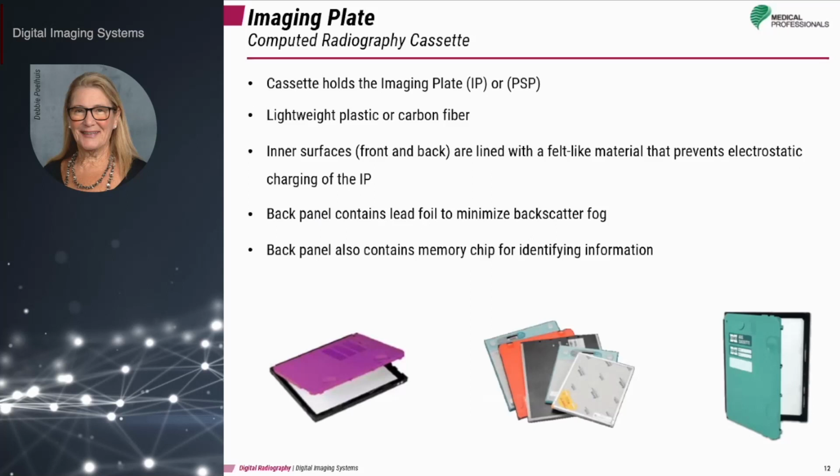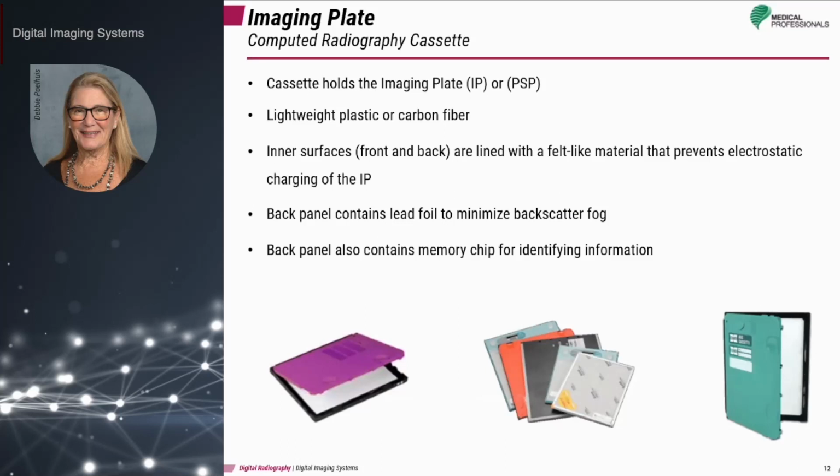CR cassettes look like film screen cassettes, but unlike film screen cassettes, the CR cassette does not have to be light tight because the IP is not sensitive to white light.